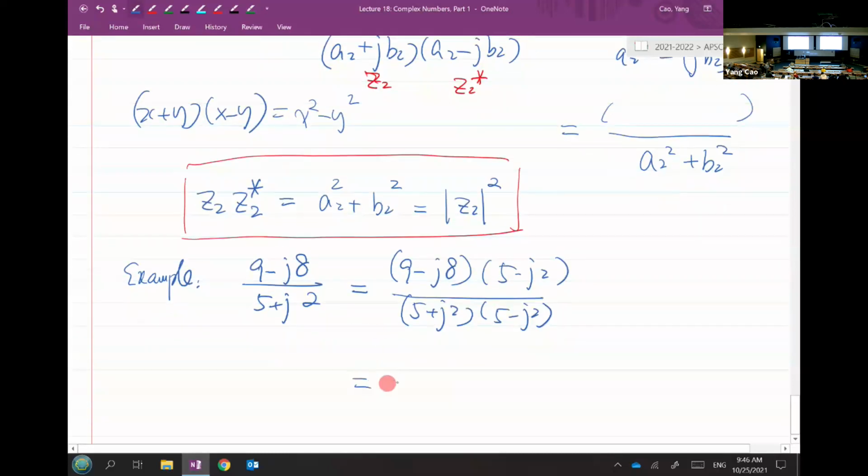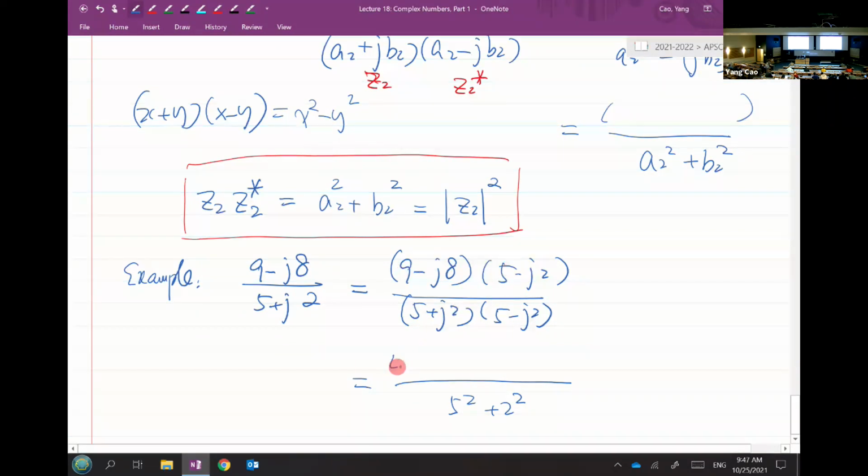Then the bottom, as we have just demonstrated, when you multiply the complex number with its conjugate, you get 5 squared plus 2 squared. So it's a real number. And then you carry out the multiplication of the two terms in the numerator, just like regular multiplication.